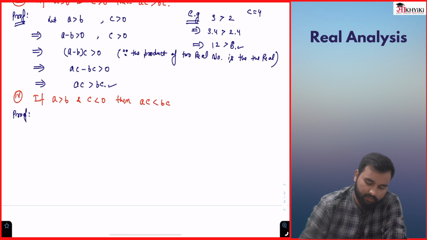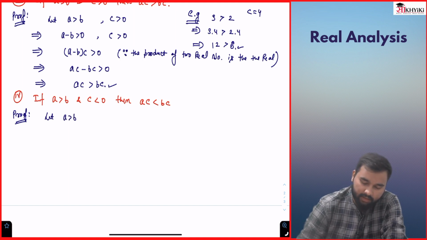Let's see the proof. Let A is greater than B and C is less than 0. It is given that C is less than 0.